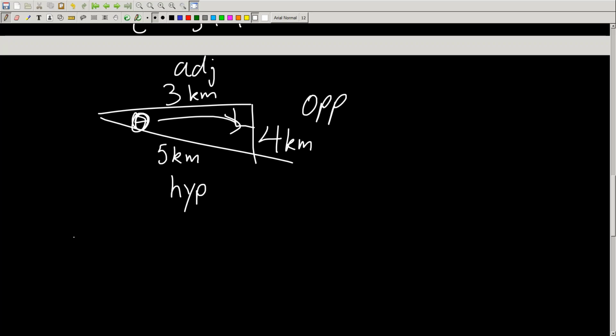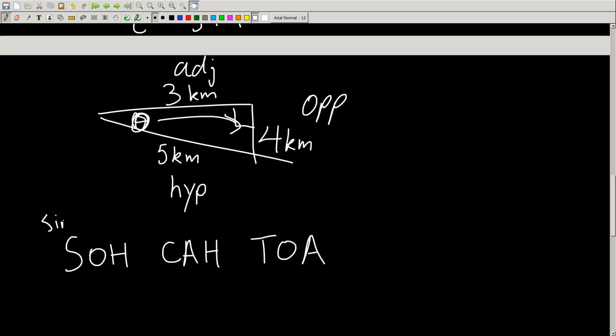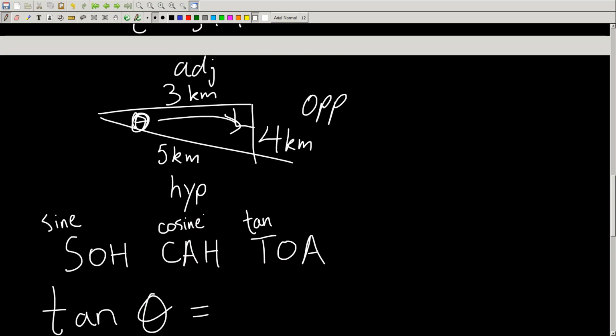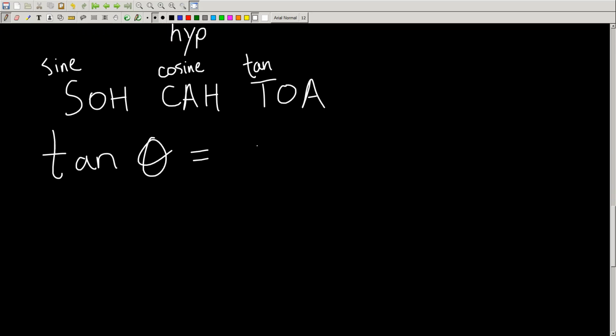I can use any trig ratio I want according to SOHCAHTOA. The trig ratios are either sine, cosine, or tan. What I'm going to do is use the tangent ratio. Tan theta equals opposite over adjacent.